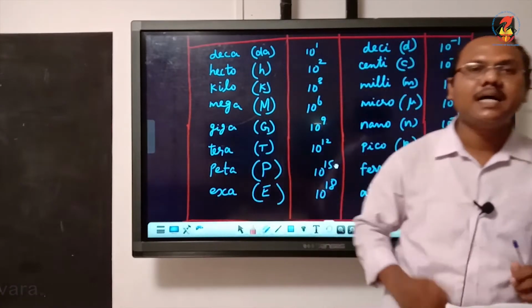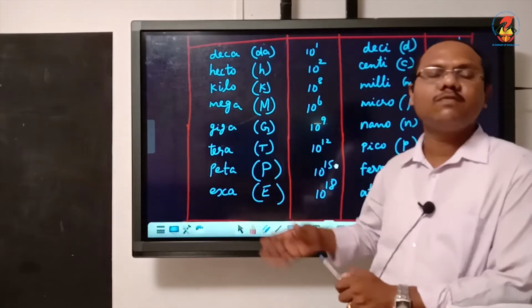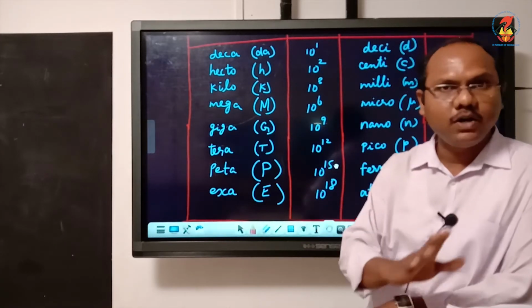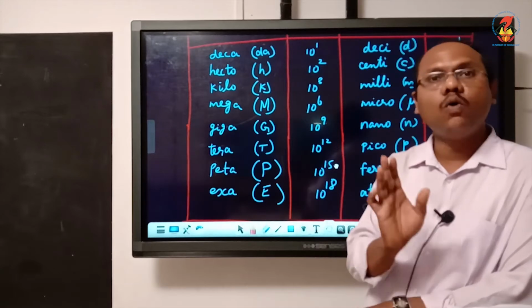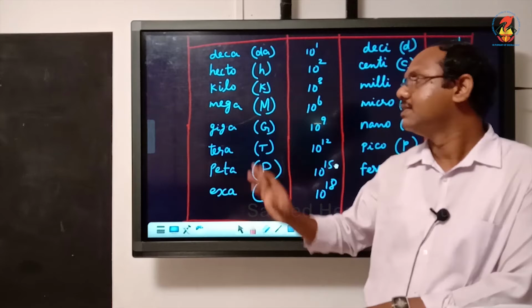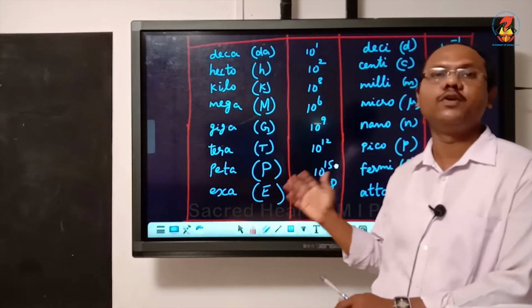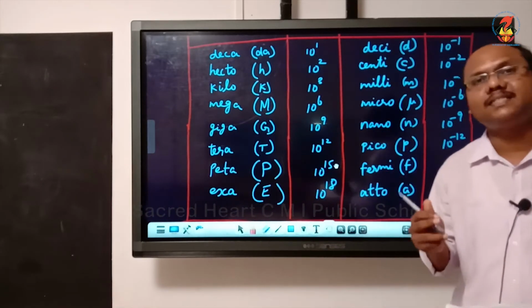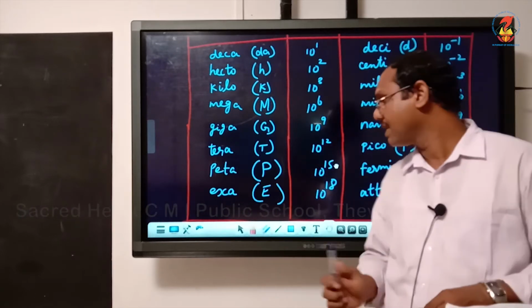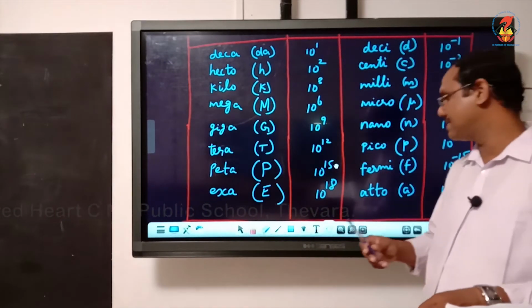You have to study this full conversion table by heart, because this is applicable not only in 11th but also in 12th, and when you go for engineering, this table is a must. If you don't know conversion, you can't touch any physics numerical. So learn this properly. Let us see certain examples.